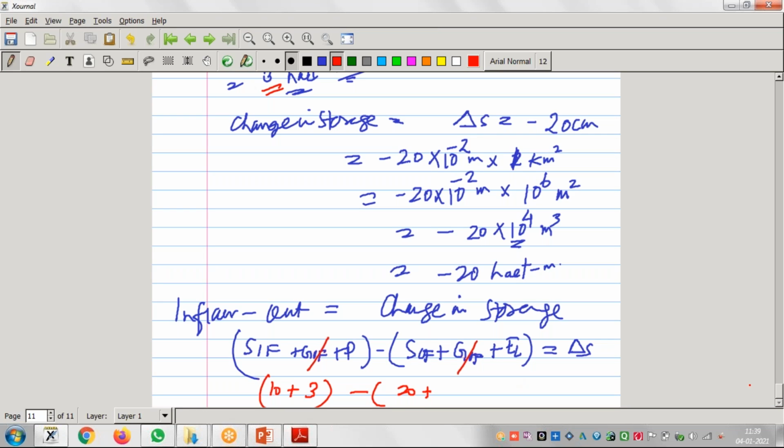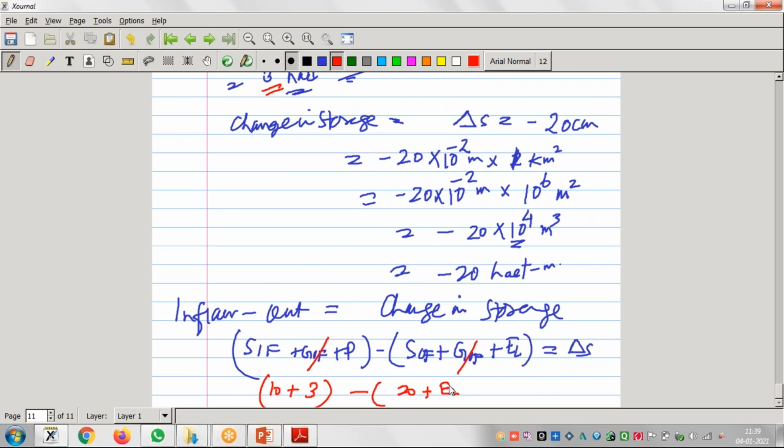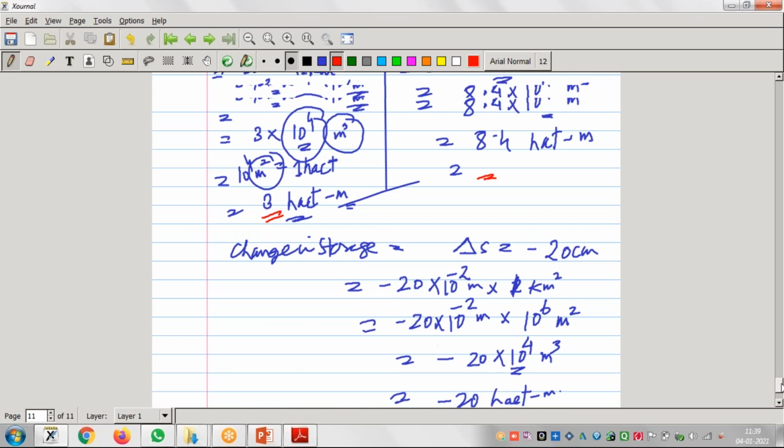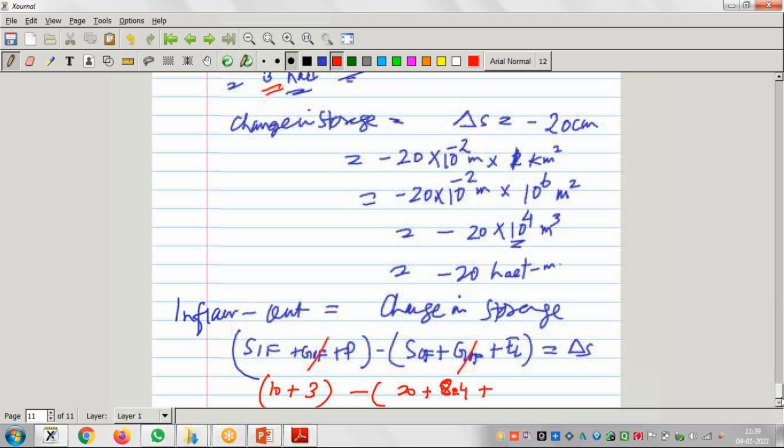Plus evaporation loss, yes, it is given already, sorry. So 8.4 is given. Plus seepage outflow is equal to change in storage, which is given as minus 20 hectare meter, right?